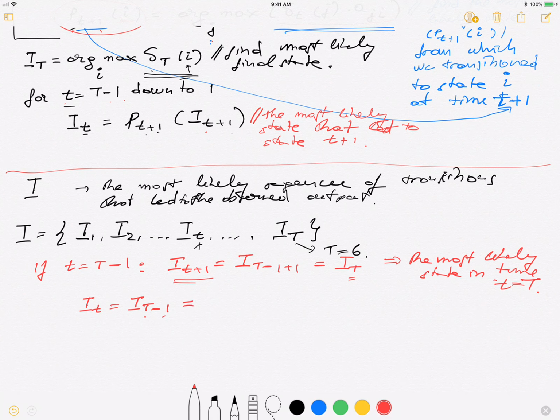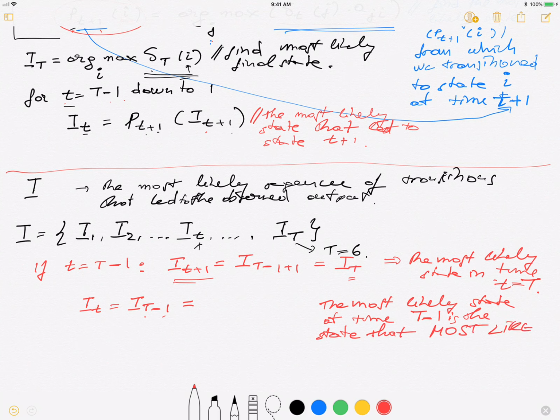What is the most likely state at time T minus 1? It is the state that most likely led to state I T at time T.